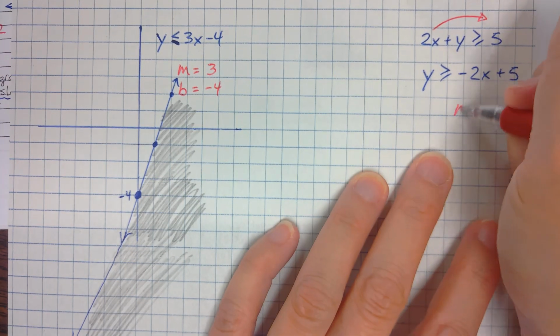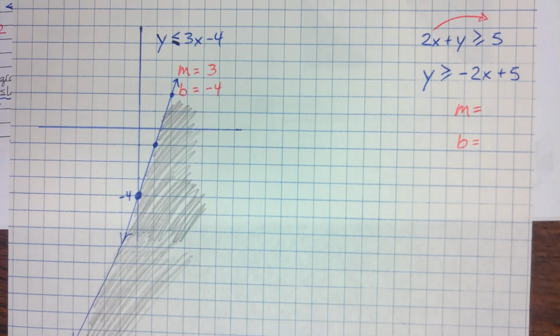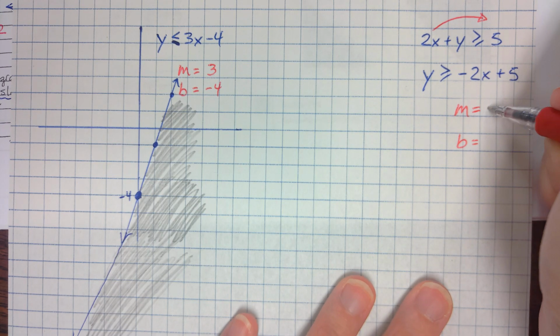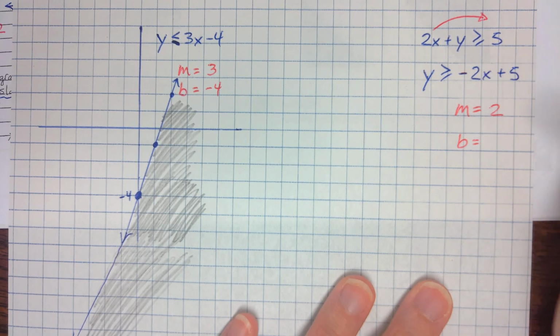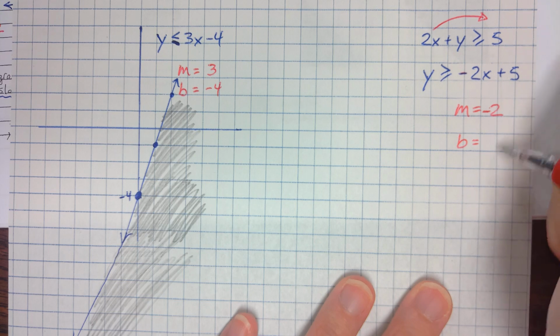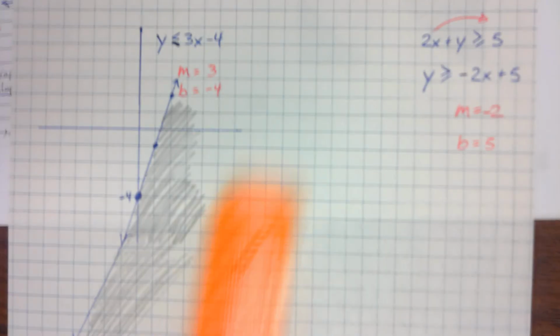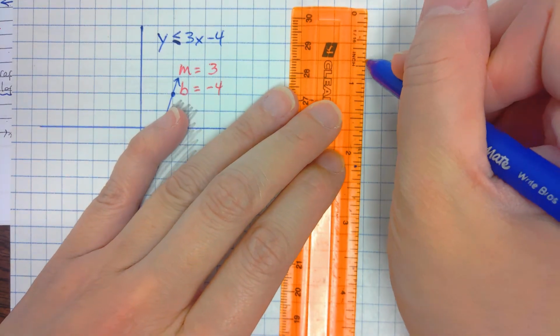So what's my m? What's my b? Leah, what's my m? -2. Right. And then my b? 5. Right. Good job. Okay, so I can graph this now. Let's move it over a bit.